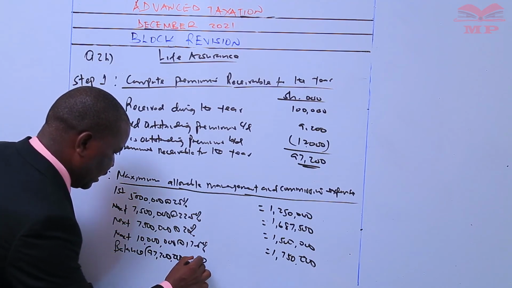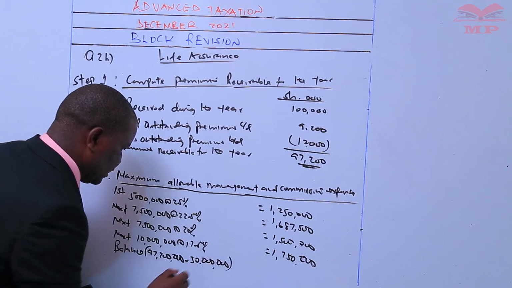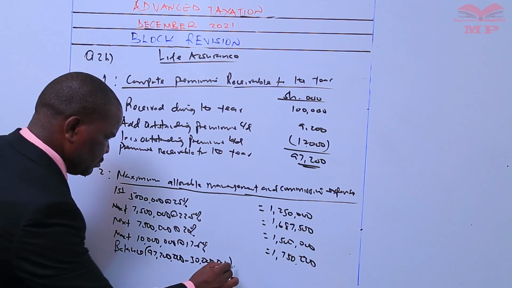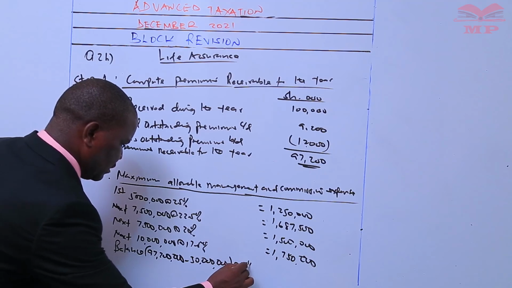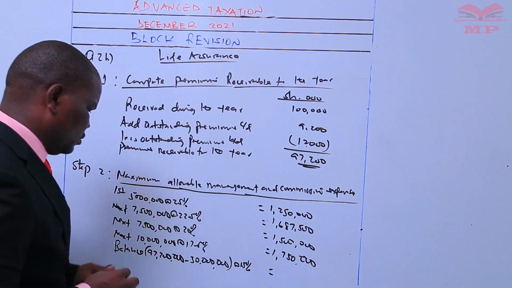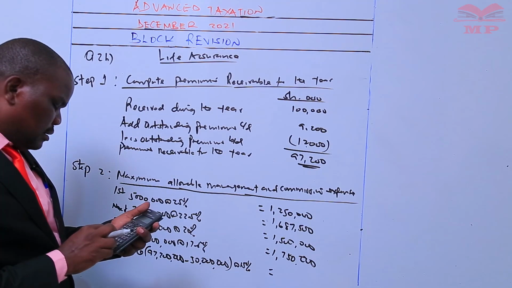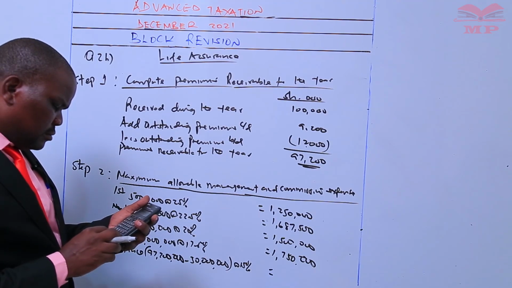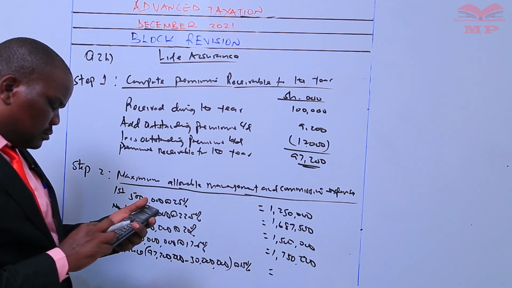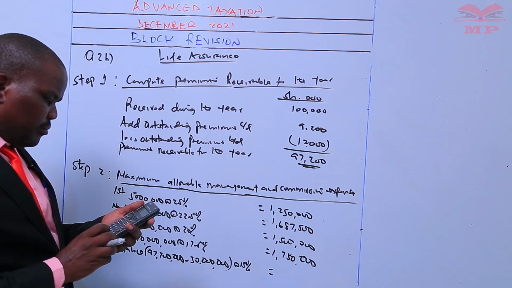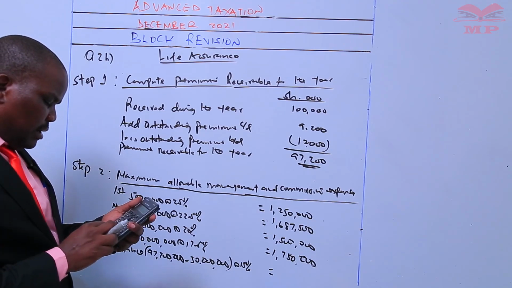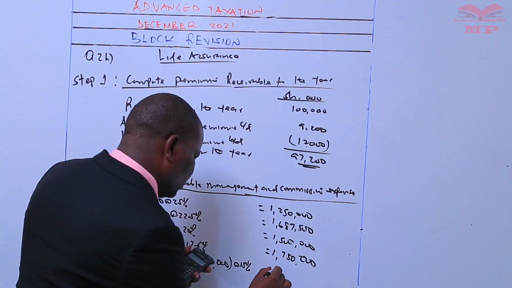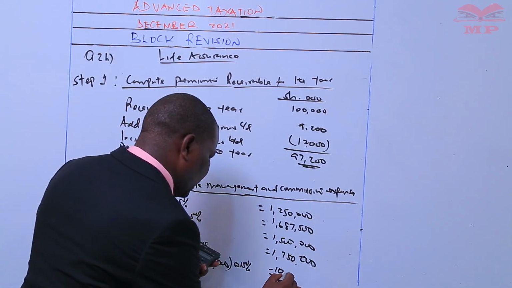So we say 97.2 million minus 30 million at 15%. I'm getting 67.2 million. We multiply that by 15%, I'm getting 10,080,000.